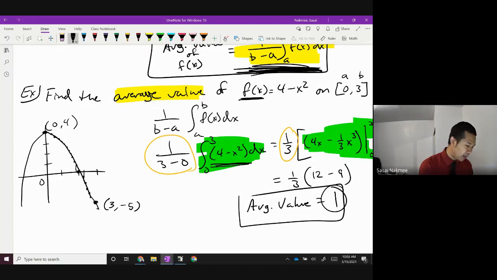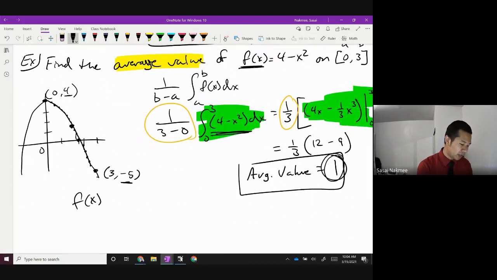Right here at a, we have a function value of 4, and at b, we have a function value of -5. Therefore, the value of 1 should exist somewhere in between. So what I'm saying is the function f of x, at some point, should equal 1, and we should be able to solve that algebraically.